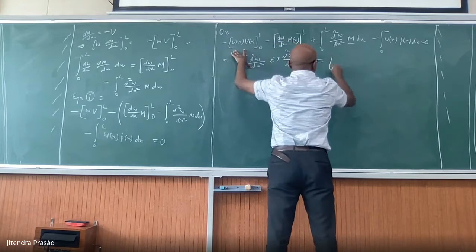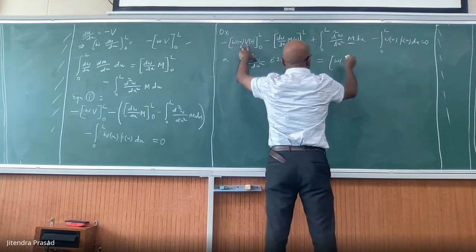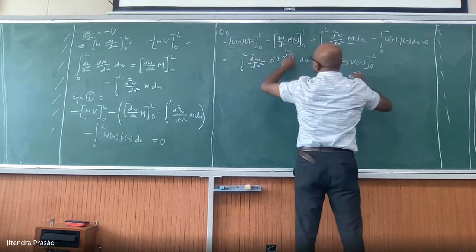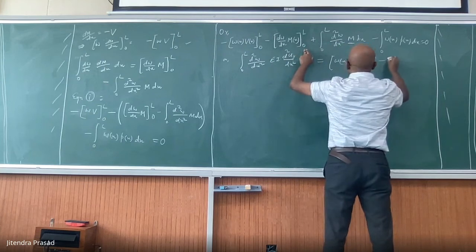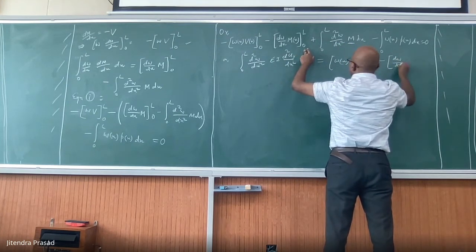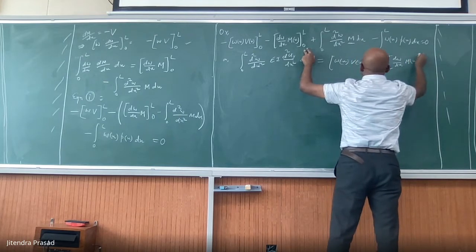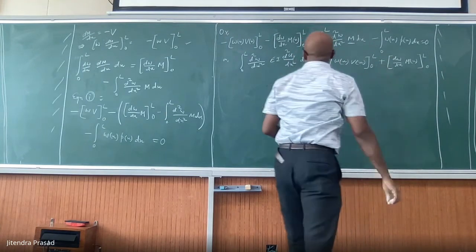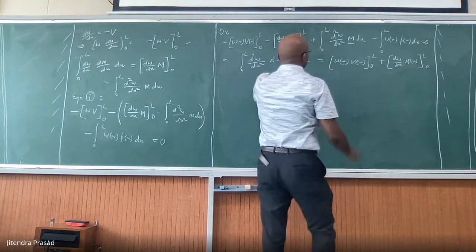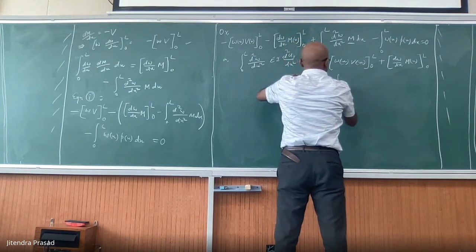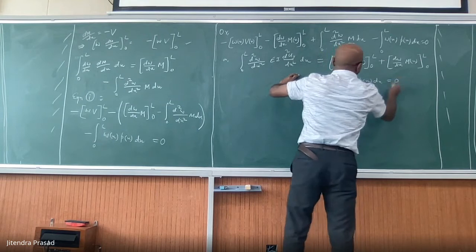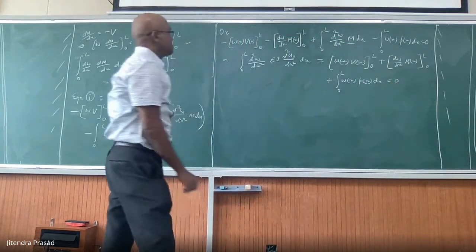This will be equal to w(x) f(x) dx, from L to 0, minus dw over dx m(x) from L to 0, sorry, plus, yeah, then plus the integral from 0 to L of w(x) f(x) dx, right?